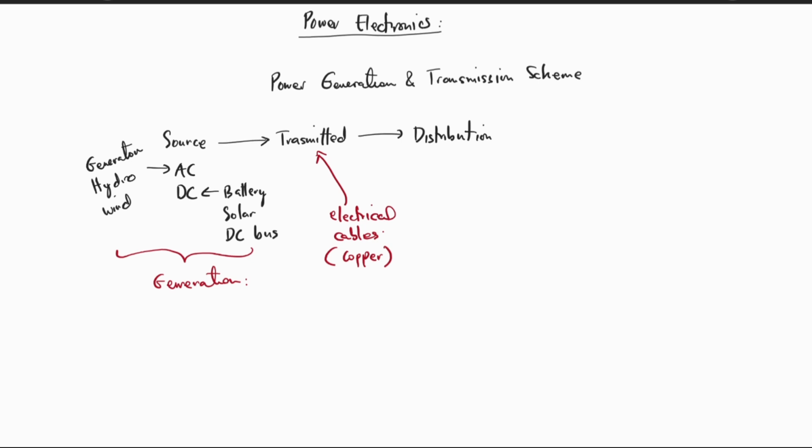And when we look at the distribution side, we have what is called the load, and this load can be, for example, a fan, a television, a mobile phone, or a motor, and many other things that can use this electrical energy.